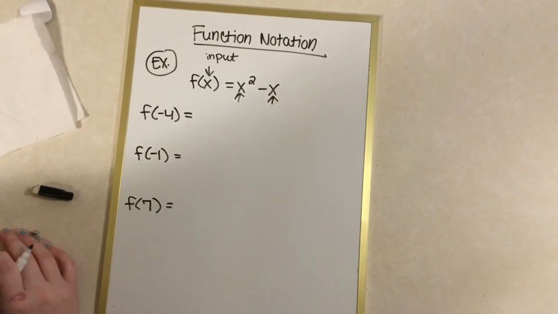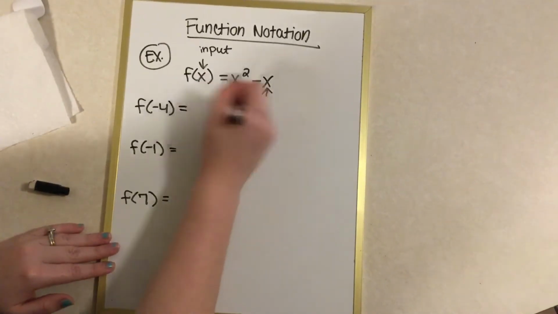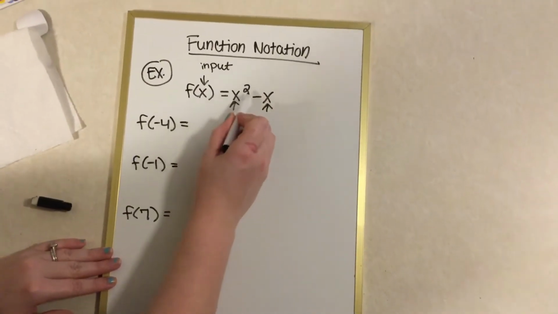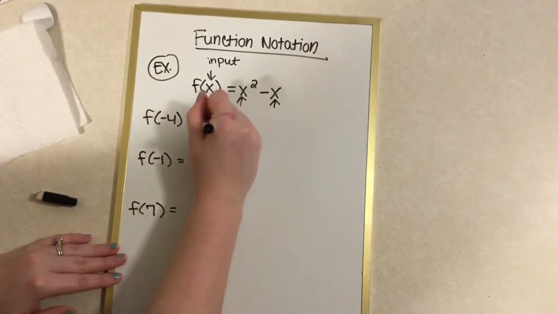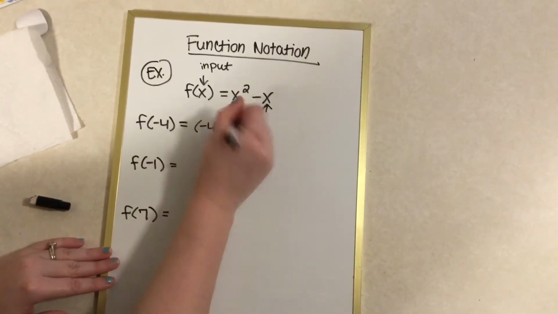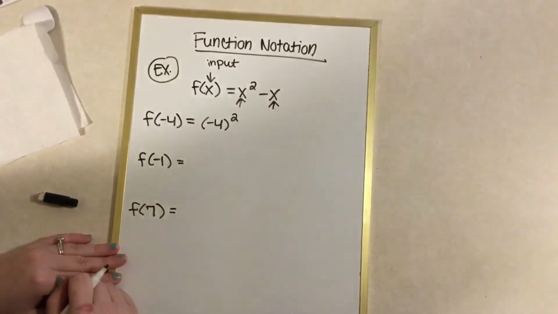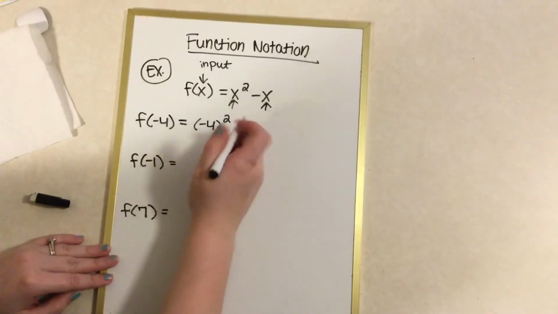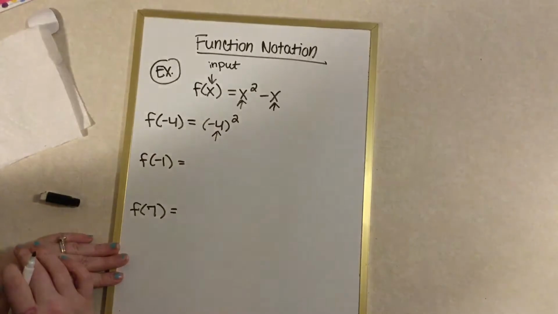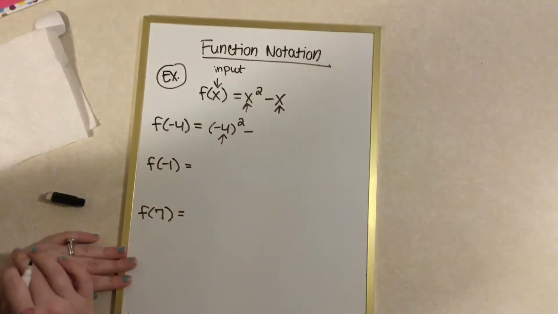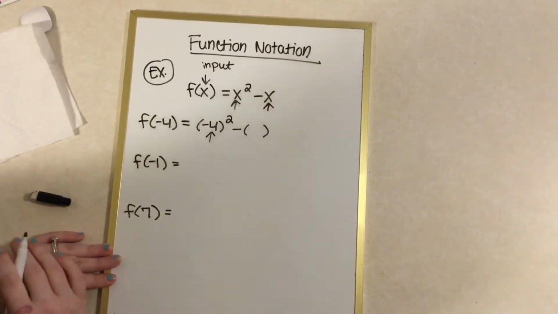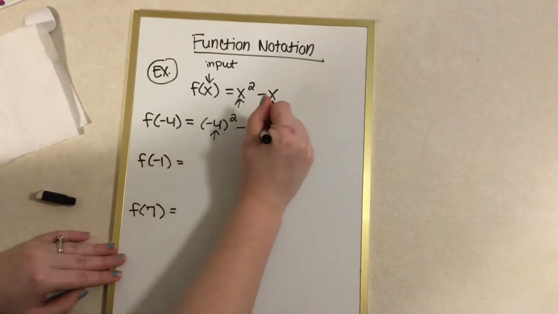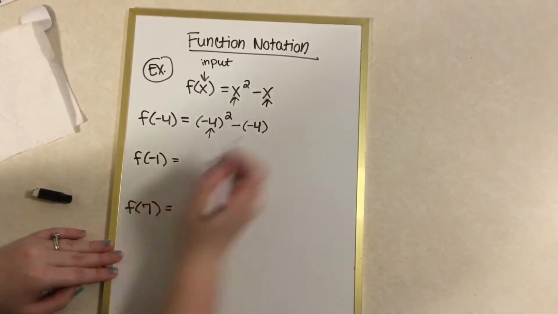which is just a website. So whenever we do this, I see the first x, I see an x squared. If I'm finding f of negative 4, I'm going to plug negative 4 in for that x, and then make sure that I keep the squared after it, but the negative 4 needs to go in parentheses. Then I'm going to bring down my minus, and then I see another x, which means I need another set of parentheses, and again, negative 4 is going to go inside those parentheses.